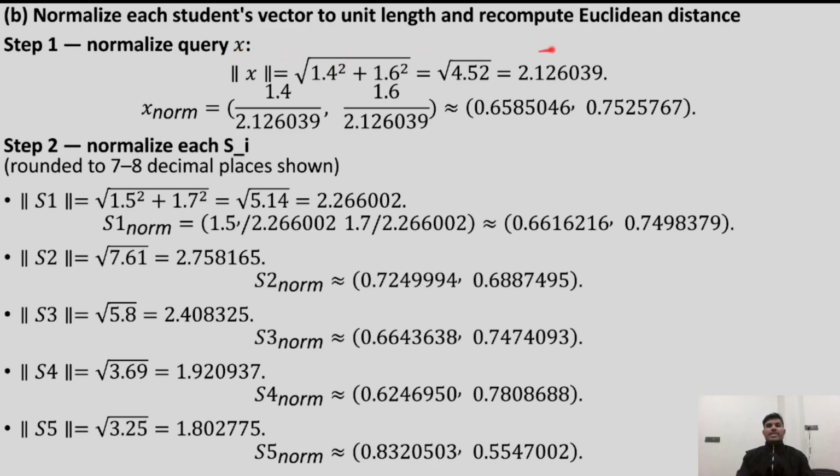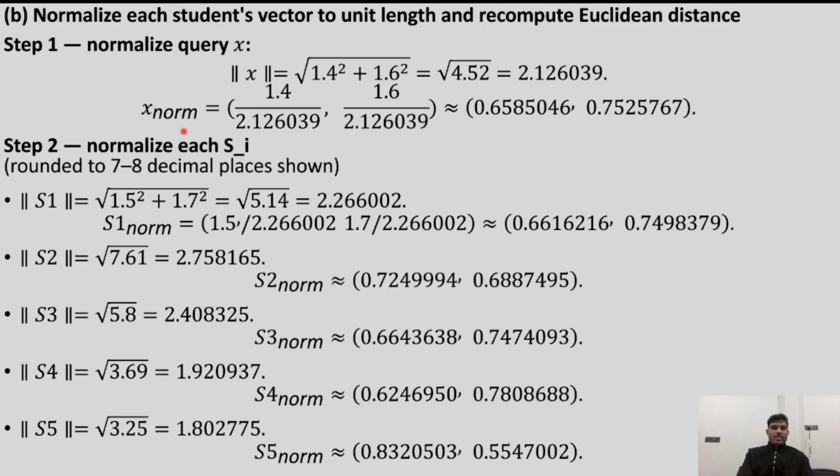Normalize each vector to unit length and recompute Euclidean distance. First we normalize the query. So the norm of x equals under the root 1.4 square plus 1.6 square, by which we got 2.126039.